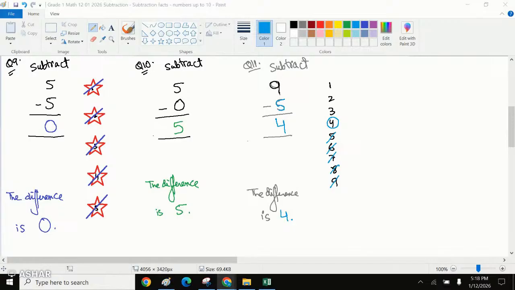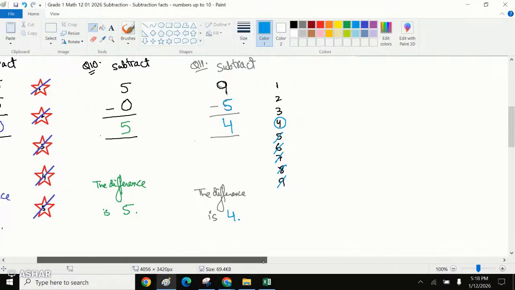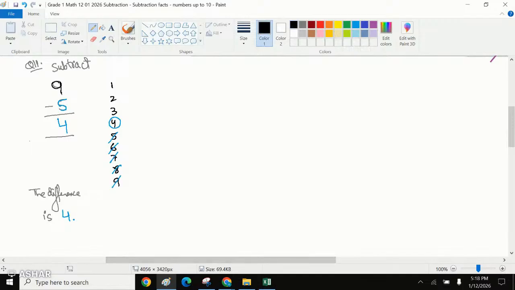Let's try one more. Let's say we have a question and the question says subtract 10, sorry, subtract 10 minus 3. What should you be left with?